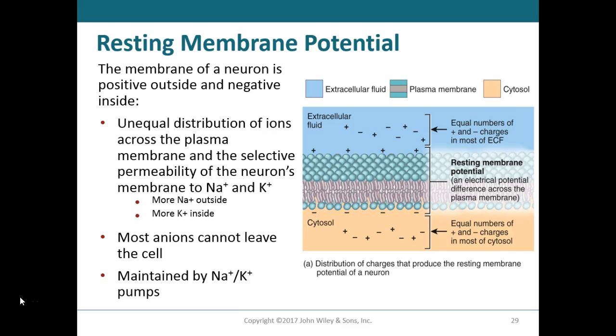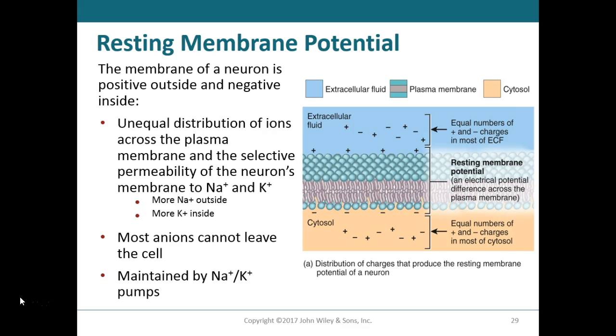So we have a small buildup of negative ions inside the cell along the membrane, and an equal buildup of positive ions along the extracellular fluid on the outside of that membrane. So this difference in positive and electrical charges gives us a potential energy, which we measure in millivolts.